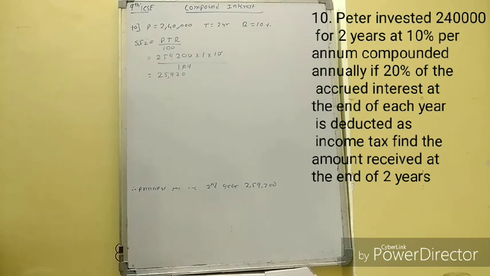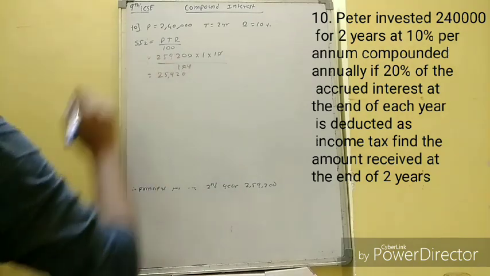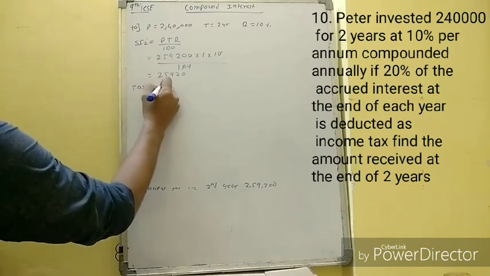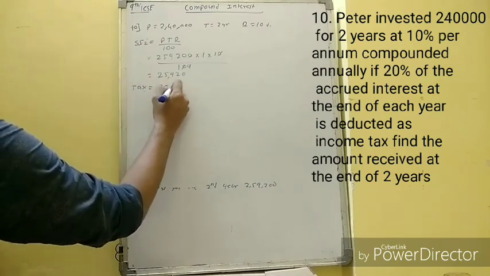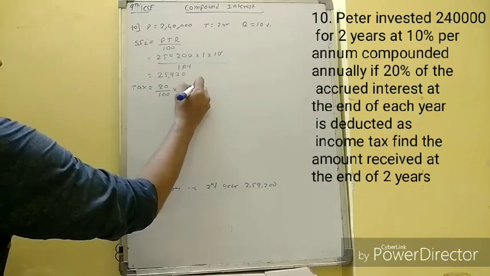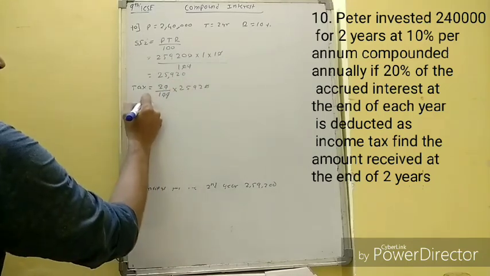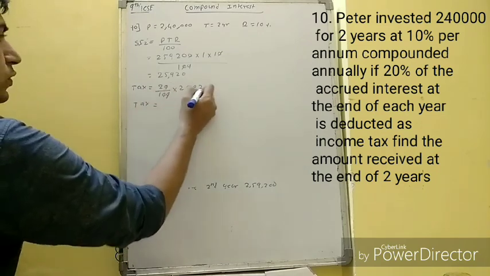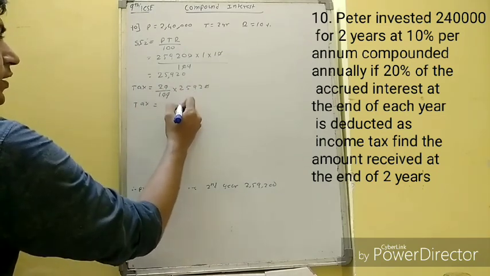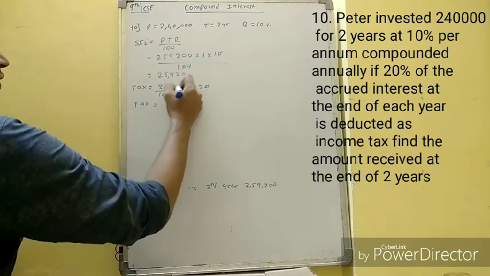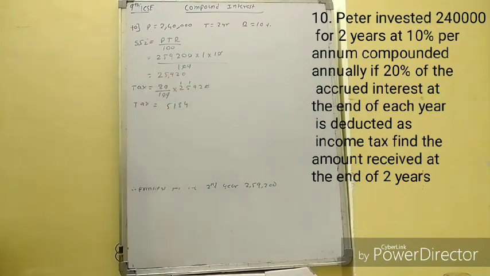Okay, so this is the interest, out of which 20% is the tax to be paid. Therefore, tax is equal to 20% of 25,920. Zeros get cancelled. So the tax payable is 2 2s are 4, 9 2s are 18, 2 5s are 10 plus 1 is 11, 2 2s are 4 plus 1 is 5. So it is 5184.